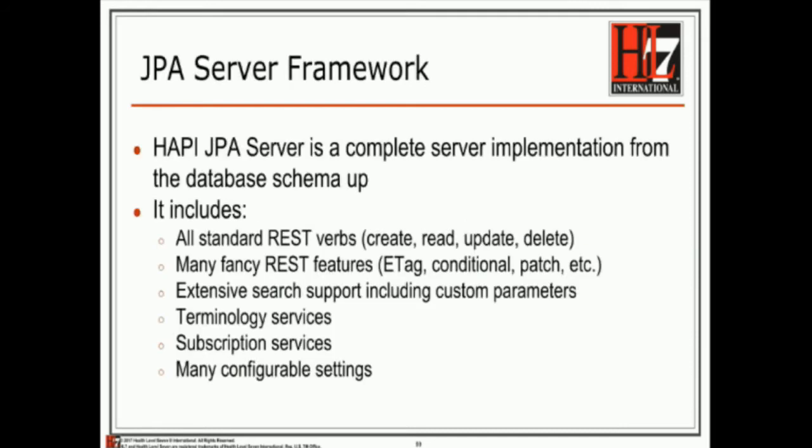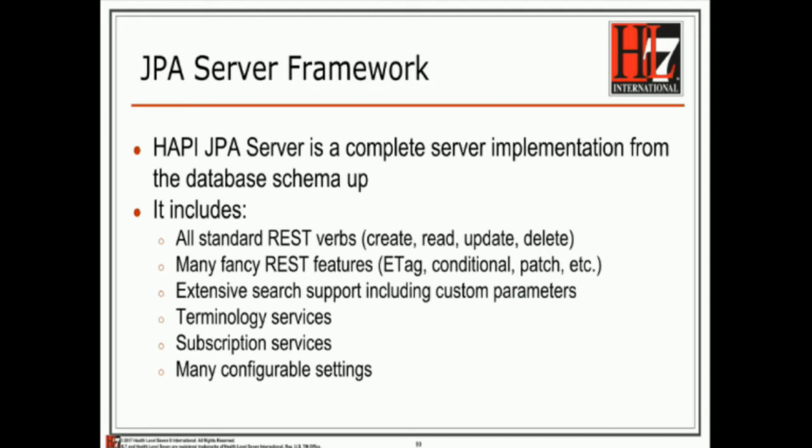The JPA framework is a complete implementation of the underlying database schema, the underlying storage modules, all of that. In other words, the JPA server is a complete FHIR server out of the box. It uses all of the same stuff. It's built on top of the rest of the HAPI FHIR framework.